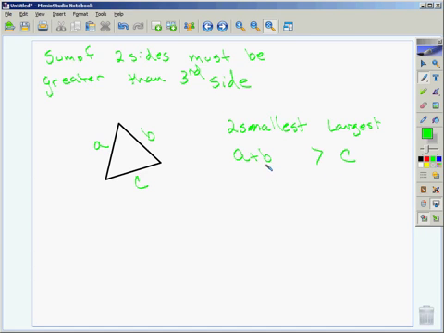So whatever A plus B is, it has to be greater than C. If it doesn't meet this condition, no triangle exists.